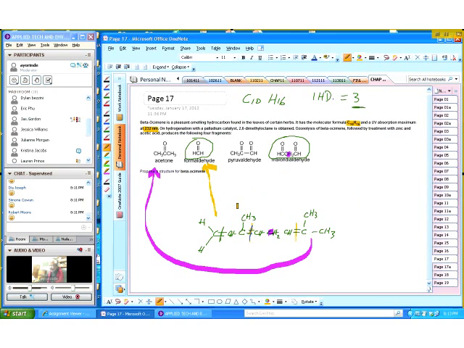This here gives me this, and this part of the molecule right here gives me this. Okay, so therefore compound A is this molecule here. Let us draw it out so that it will look much cleaner. Compound A, therefore, will have to be this.